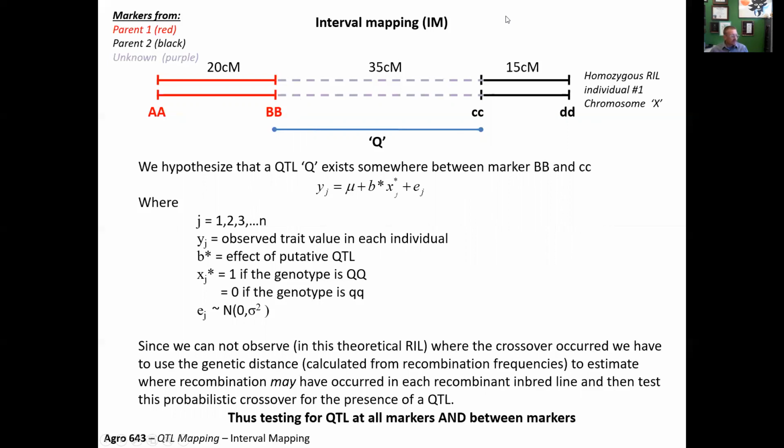the QTL is. And what interval mapping does is it uses a much more complicated algorithm to say, okay, we know that B and C genetic markers are 35 centimorgans apart. And so given some effect size, we can test for sort of pseudo genetic markers that may occur here, right?